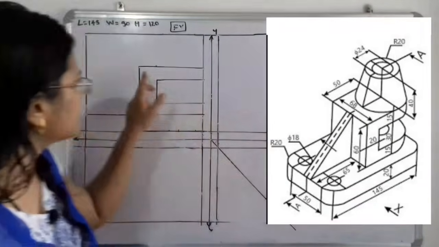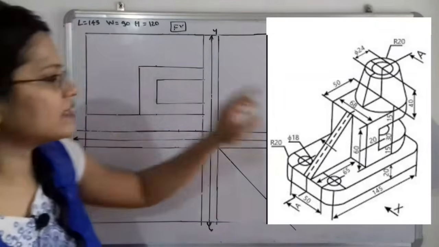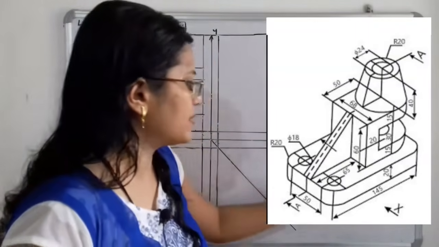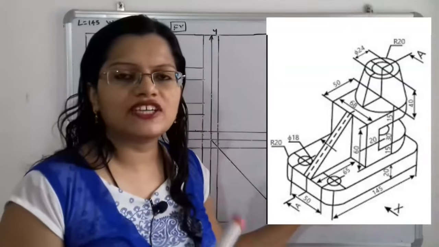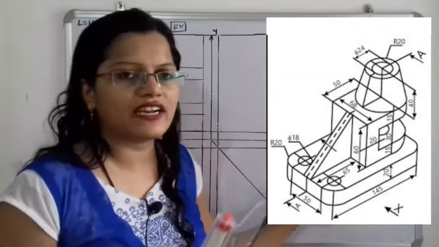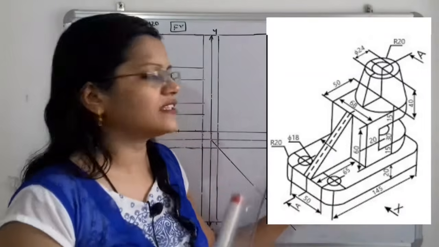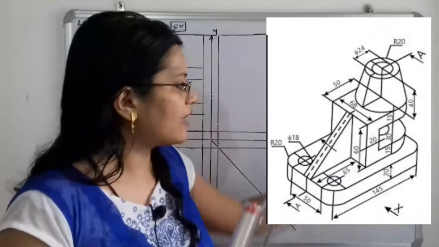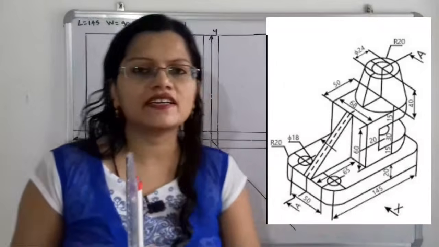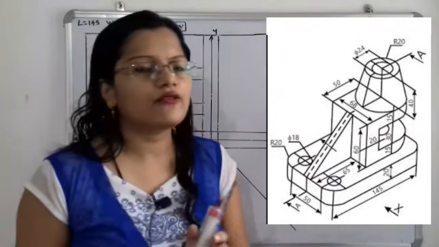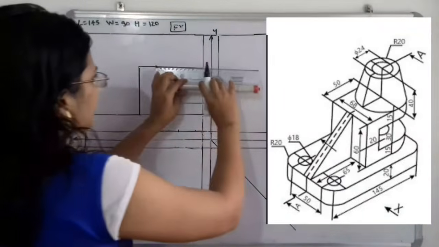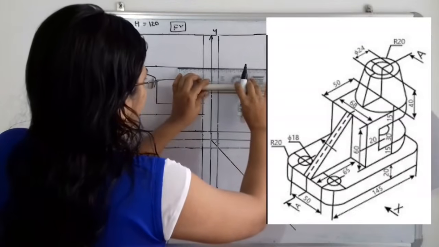And after 65, the length given in the object is 50. So we add 65 plus 50, that is 115. Then 145 minus 115 is 30. So we can say that for that bottom circle, the radius is 30. So we have to take the distance, radius is 30. So I will take it here.